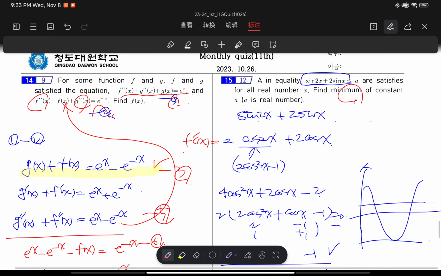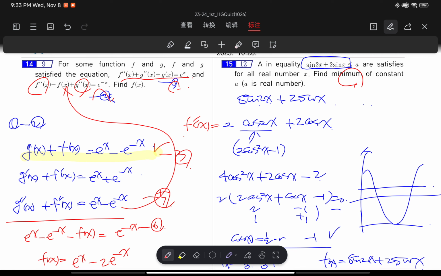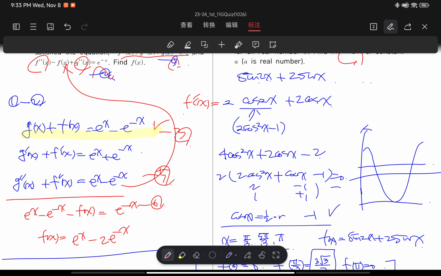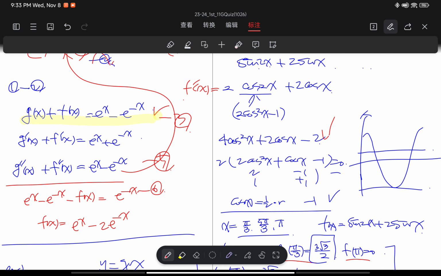Okay, so f prime x is 2 cosine 2x plus 2 cosine x. So 2 cosine 2x is 2 cosine square x minus 1. So 4 cosine square x plus 2 cosine x minus 2. So this looks like a quadratic function, right? So factoring, cosine x is 1/2 or minus 1.